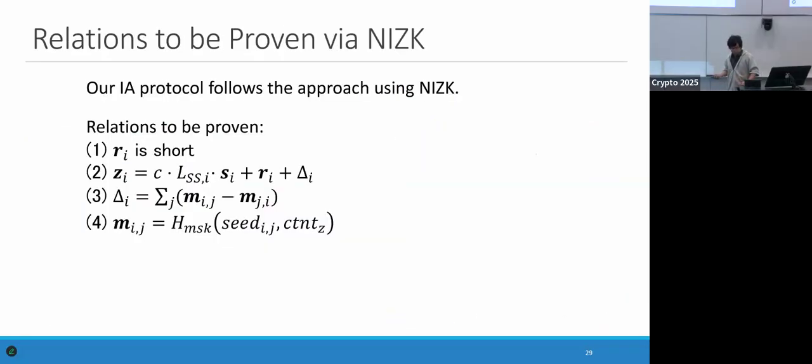From now, I talk about our approach. Our IA protocol follows the approach using NISC. Specifically, signers have to prove this relation within the NISC. But notice that the first three conditions are algebraic, but the last condition is non-algebraic.